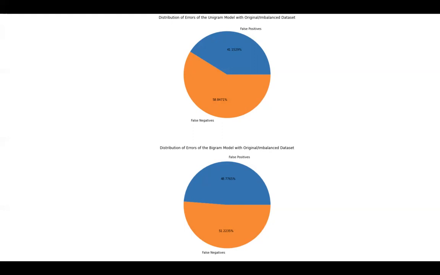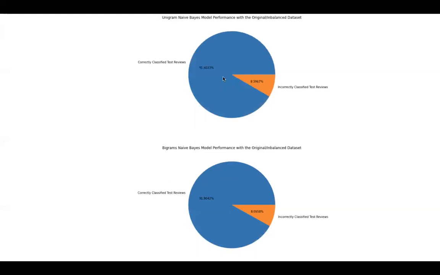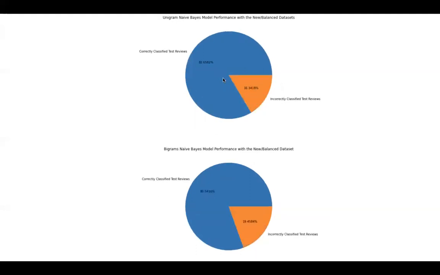The bigram model also had a slightly higher accuracy, 0.3% higher, which is very minor.